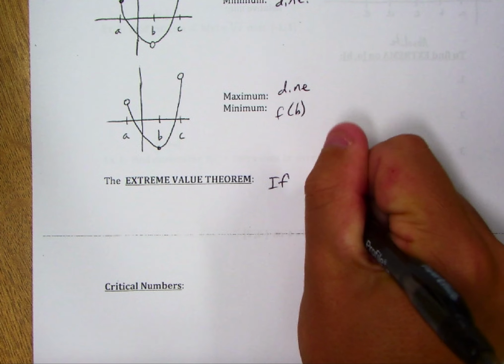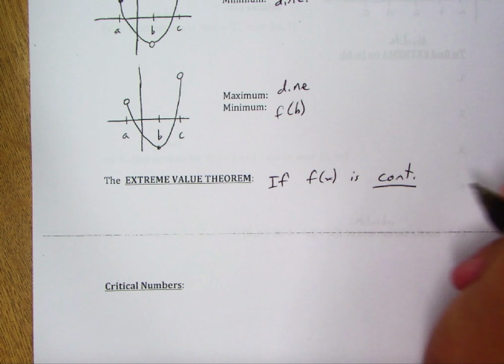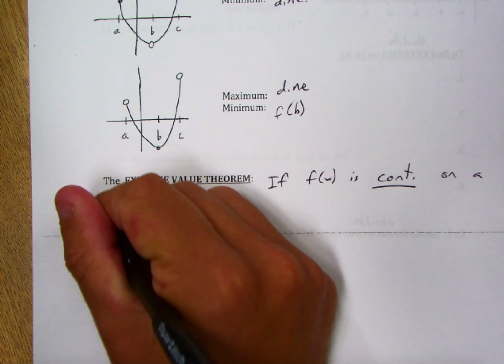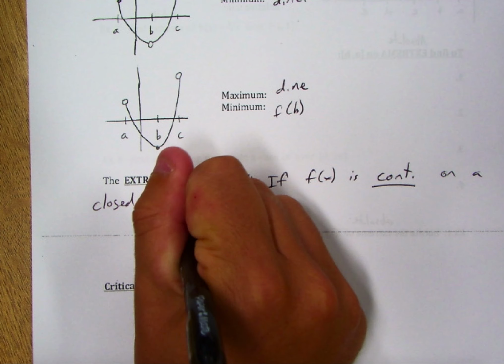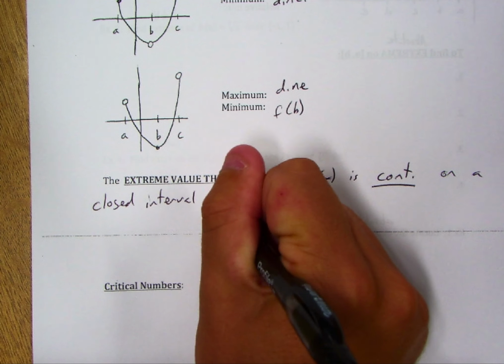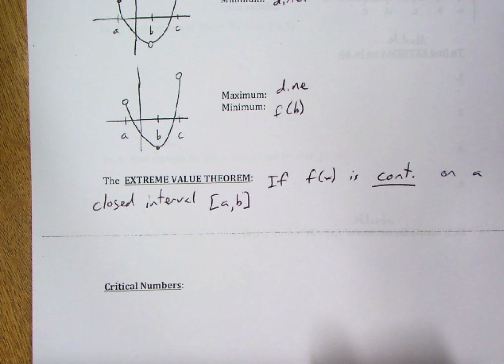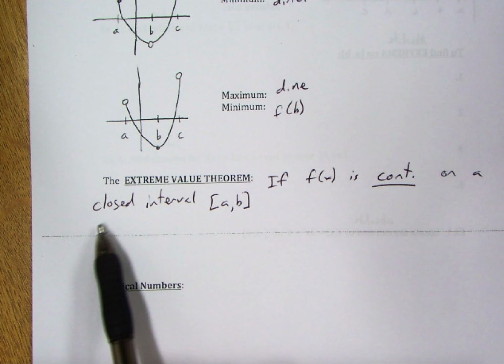If f of x is continuous, so we need a continuous function, on a closed interval, remember, closed interval means the endpoints are included. So these are our conditions. All we need is a continuous function on a closed interval.